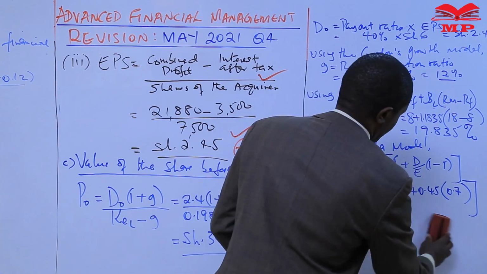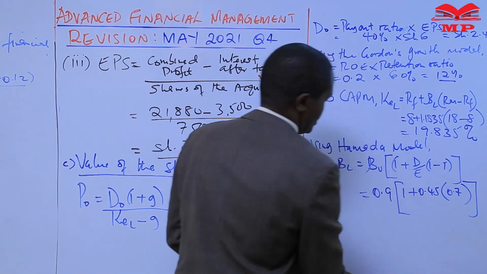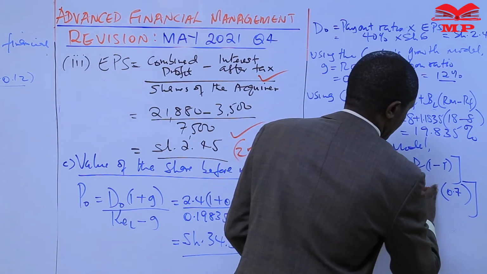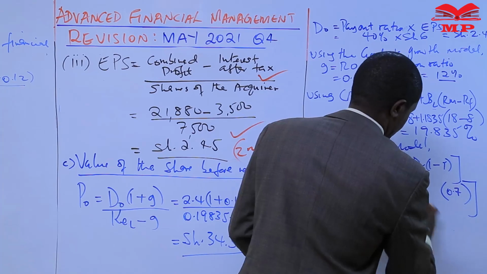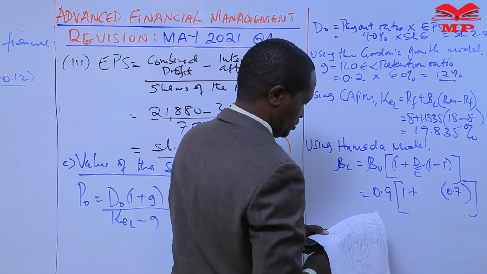Now, using the Hamada model, we are going to change this 0.45 because it is changing from 0.45 to 0.2.